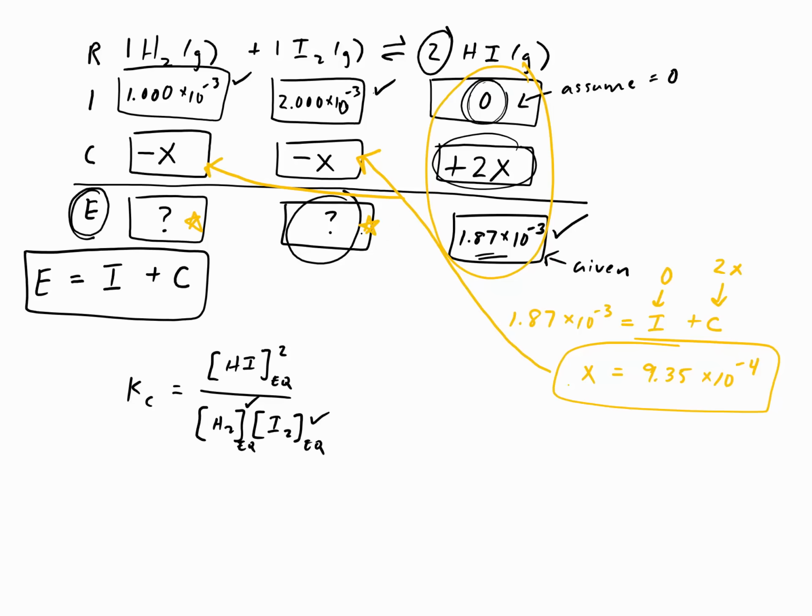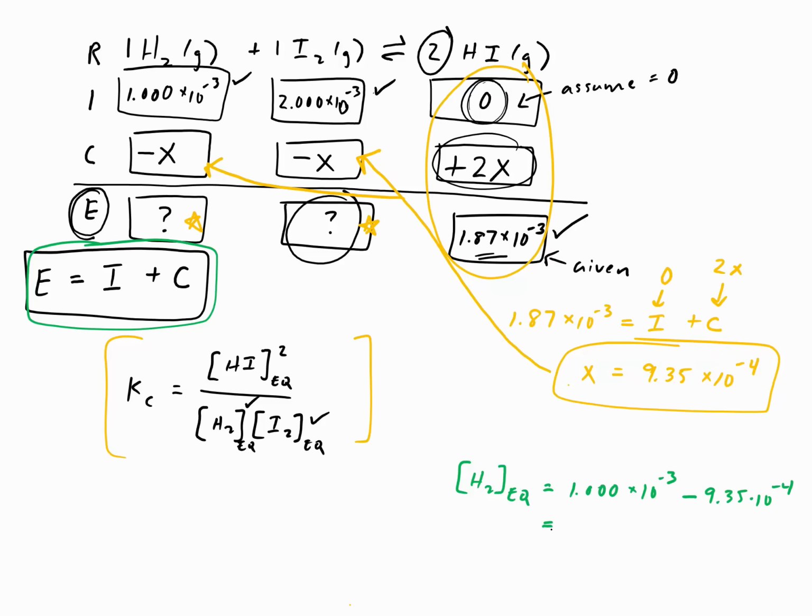So we'll hold on to this for a second, because we've got to figure out what I2 and H2 are at equilibrium. For H2 at equilibrium, I'm going to use this right here. It's going to be 1.000 times 10 to the negative third minus x, which is 9.35 times 10 to the negative fourth.